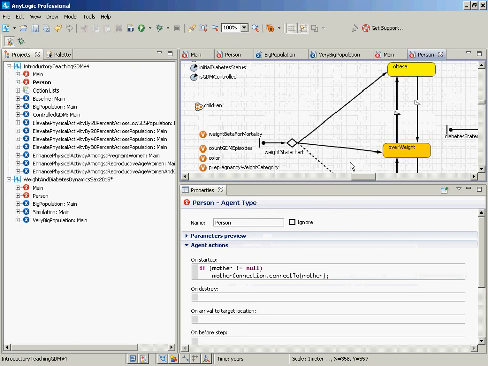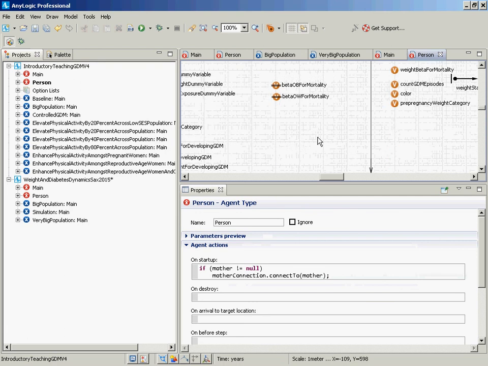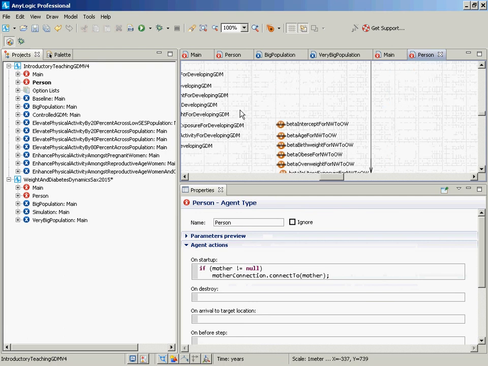To be clear, and this may be more detail than I was planning to get into, these beta coefficients, you're right that they're in the person, but without dwelling on it, these are things that are common for all people.